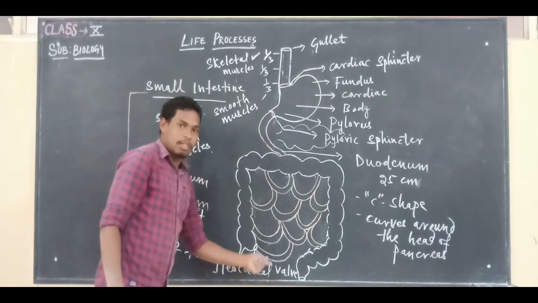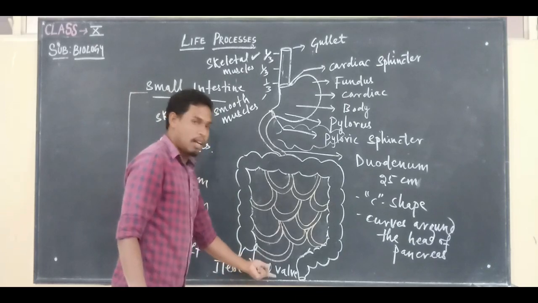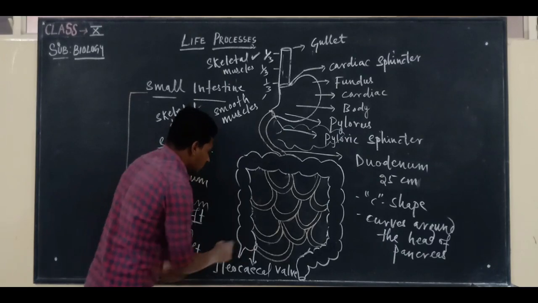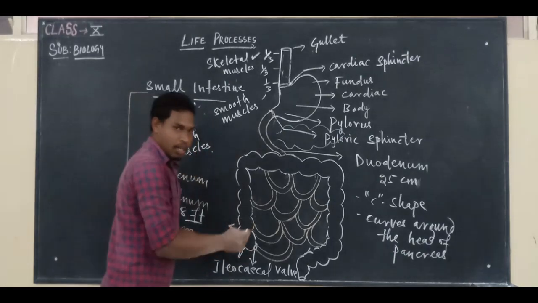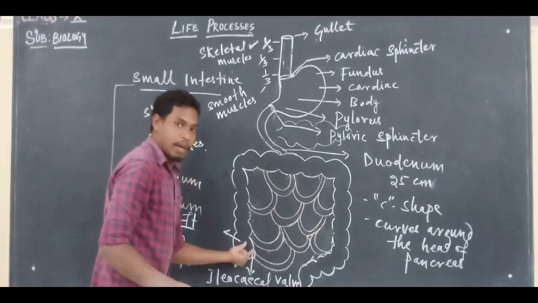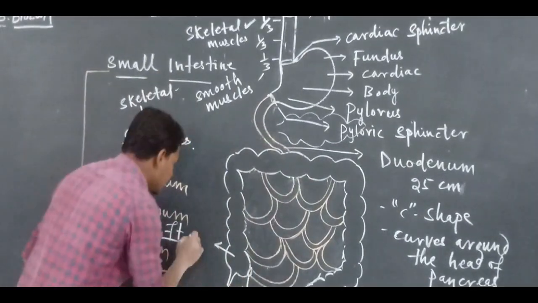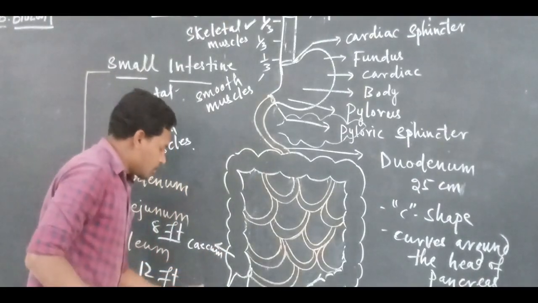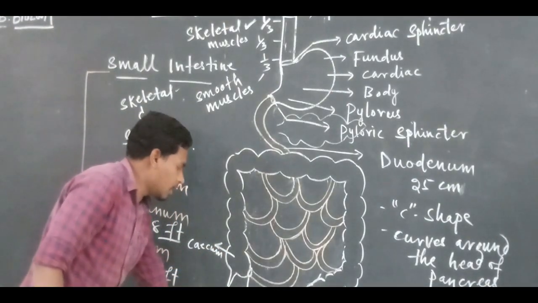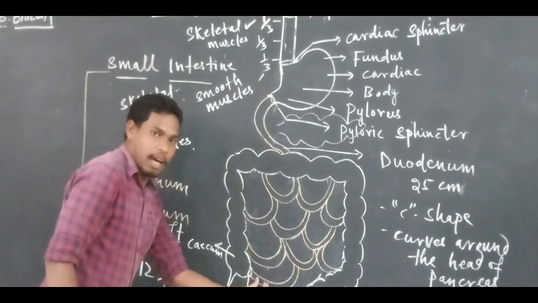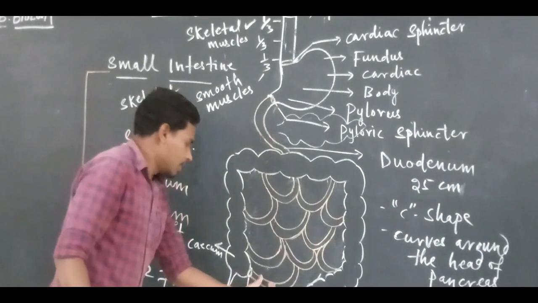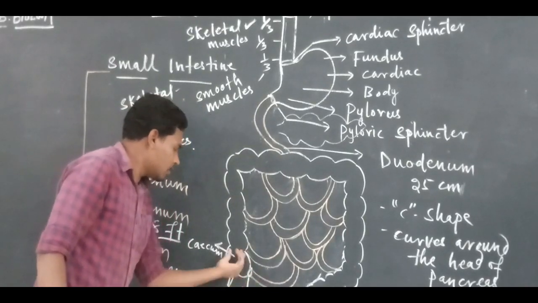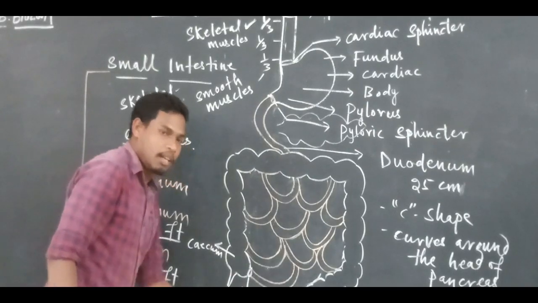So it opens into the cecum, this bulging part, the first part of the large intestine. That's why its name is ileocecal valve. Ileum is the last part of the small intestine, so the ileum joins the cecum. This is the ileocecal valve.